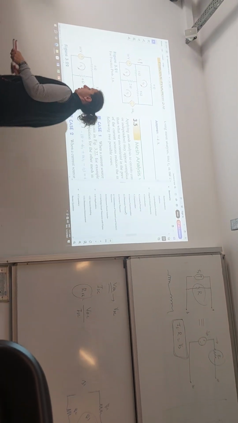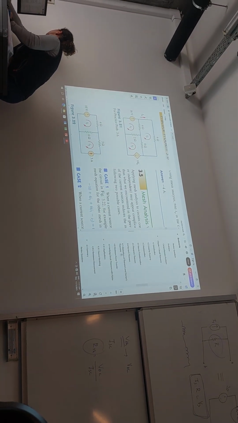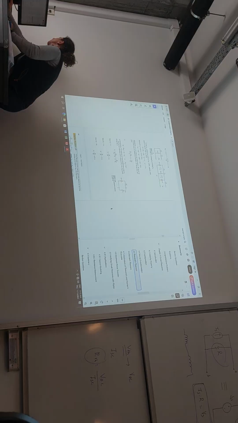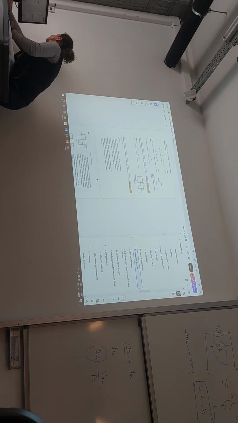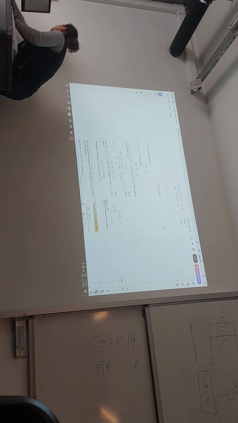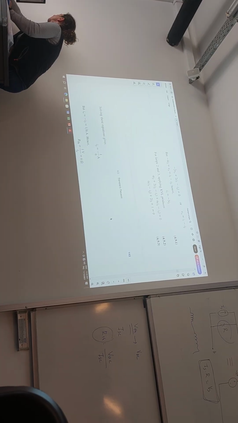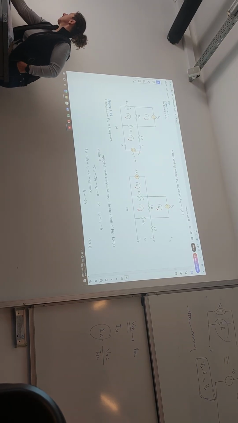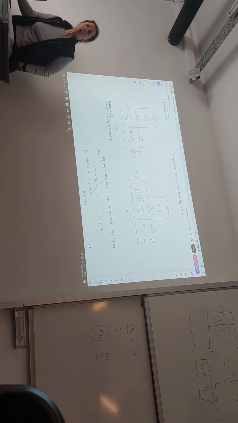Actually, let's find an example so that I can talk about an actual circuit. So if this is your circuit, and the problem is asking you to calculate the Thevenin equivalent or Norton equivalent system, the logic is the same.